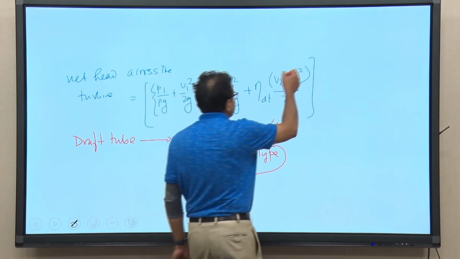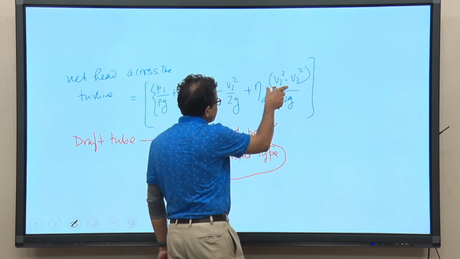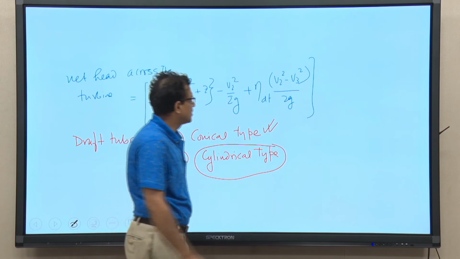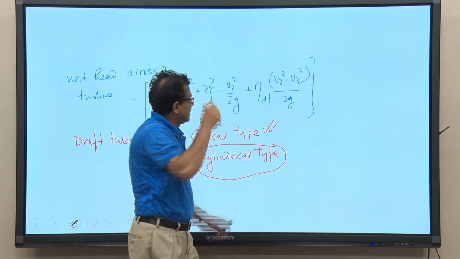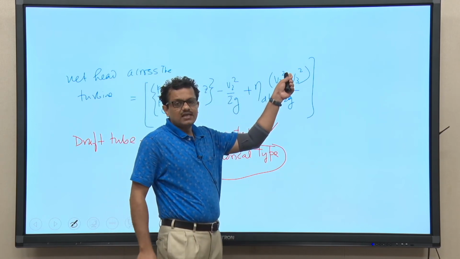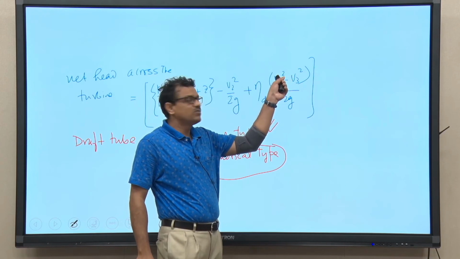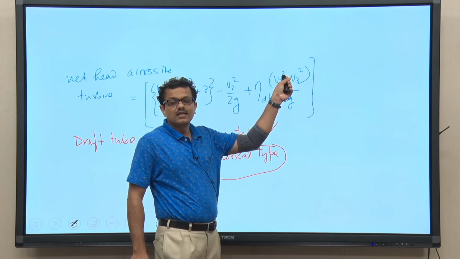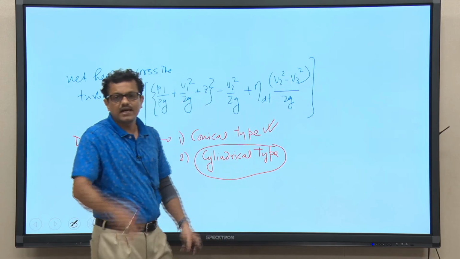This quantity will be very large provided eta dt is very large. If V3 is very less, then we can increase this. V3 very less means the kinetic energy should be completely arrested.